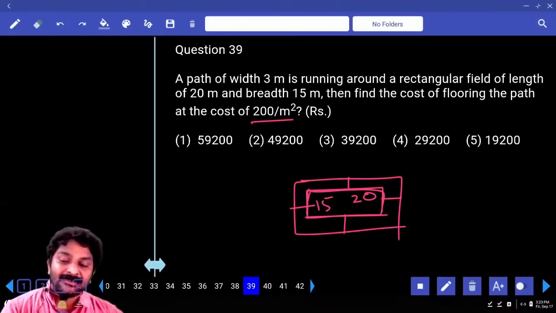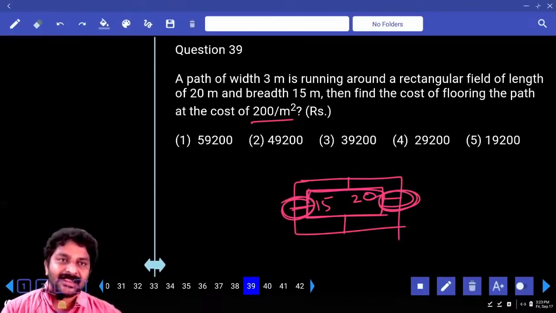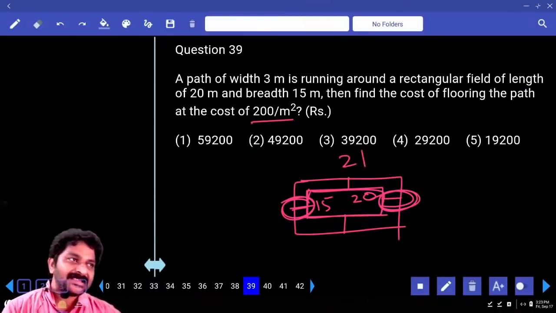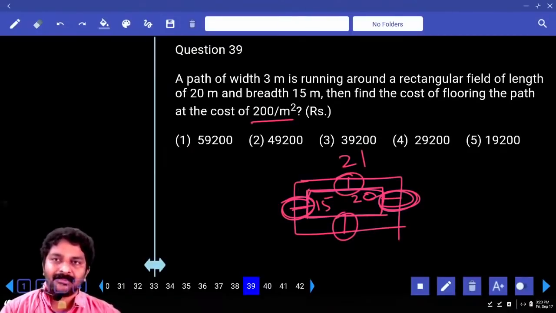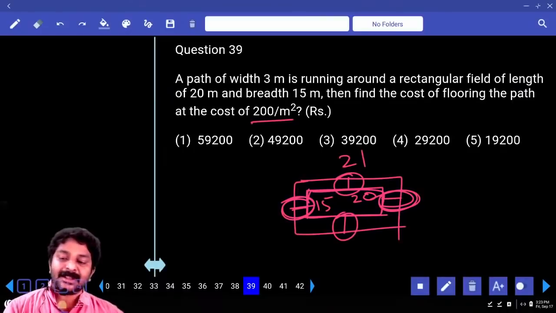Let me calculate lengthwise. Here we are adding 3 and here we have to add 3. 3 plus 3, 6 we have to add. Then it becomes 26. And breadth, 15 plus 6, top and bottom we have to add 3 plus 3, 6. 15 plus 6, that is 21.